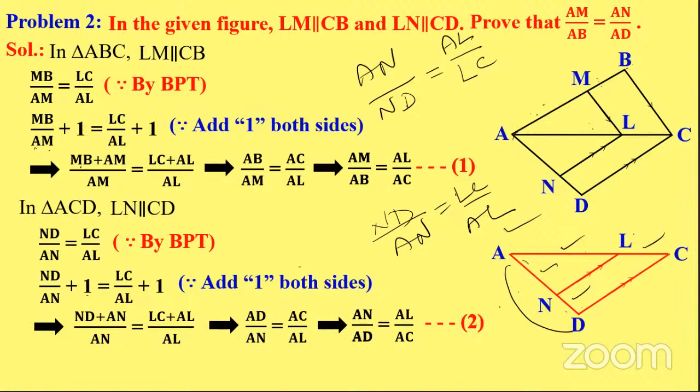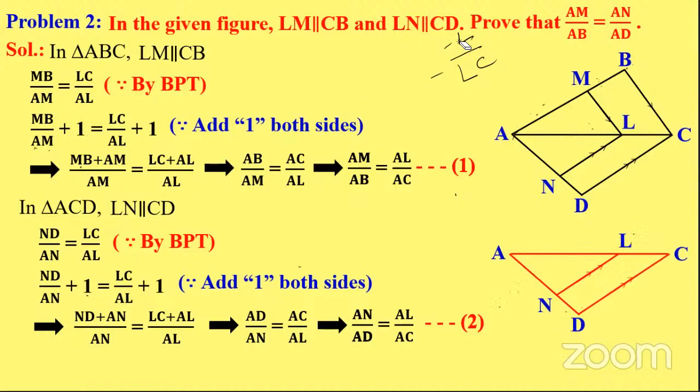See equations 1 and 2. The RHS terms are the same. By using the transitive property on 1 and 2, AM by AB is equal to AN by AD.